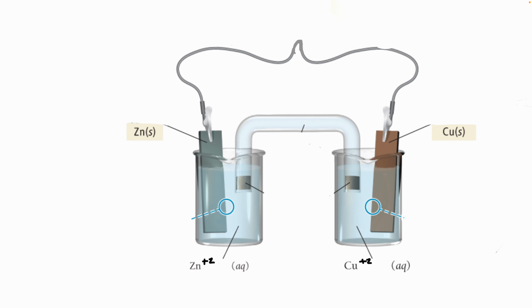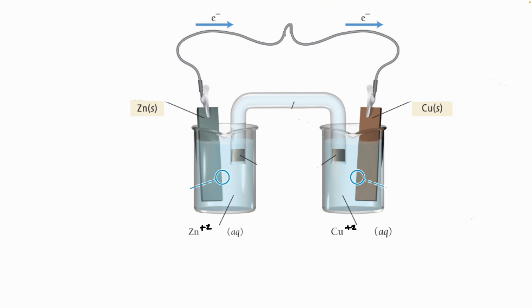It's just going to pull those electrons through this wire. So that potential that exists between those two atoms exists when they collide together, yes, but it even exists when they're physically separated as long as you give a path for those electrons to cross through. In this case, that wire. So those electrons are still going to be pulled away from that zinc atom onto those copper ions.